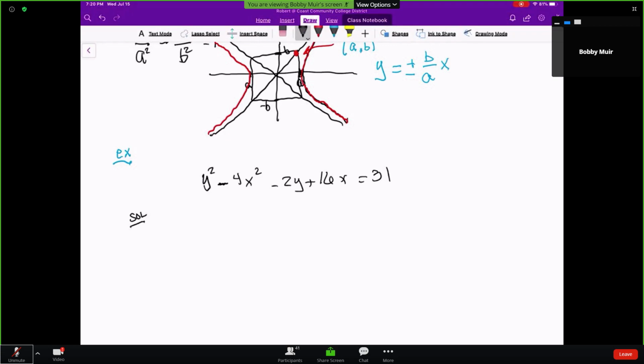So what we want to fill in is (y minus k) squared over a squared minus (x minus h) squared over b squared equals 1.